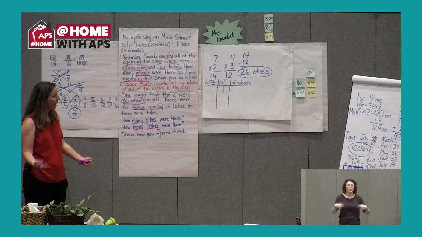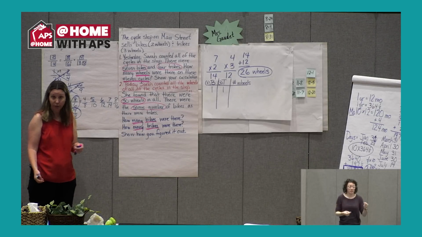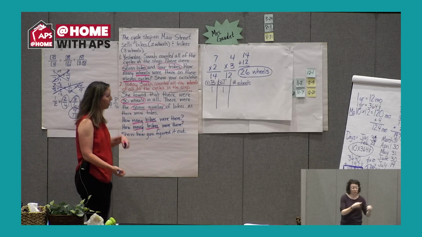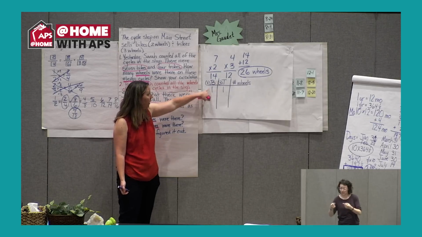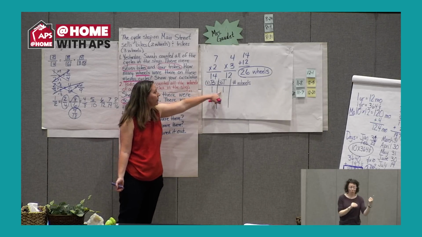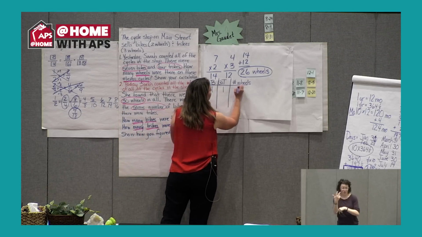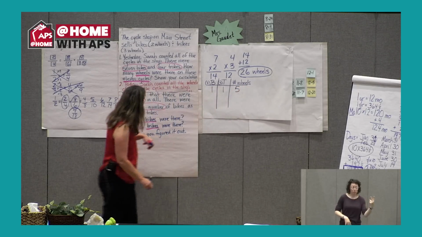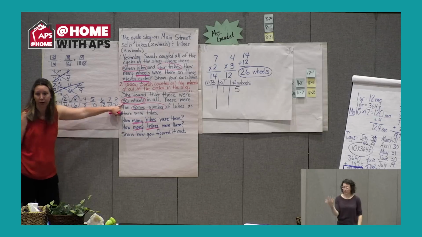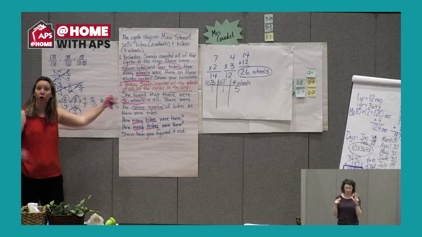I know one bike is 2 wheels, and one trike is 3 wheels. So I'm going to do 1 times 2 is 2, 1 times 3 is 3, 2 plus 3 is 5. So does that get me to my 30 wheels? No, let's try another one.